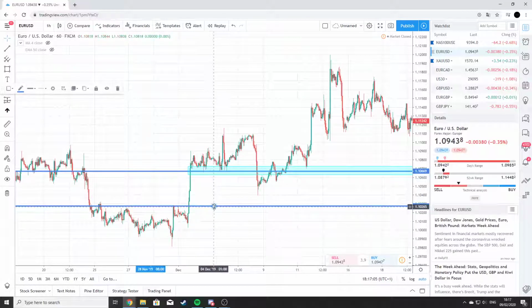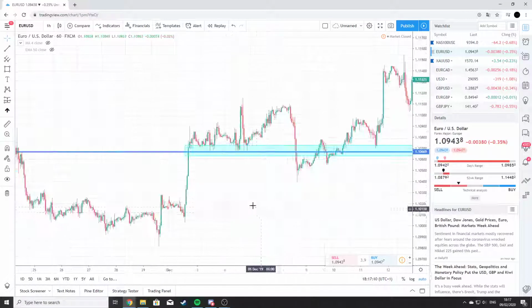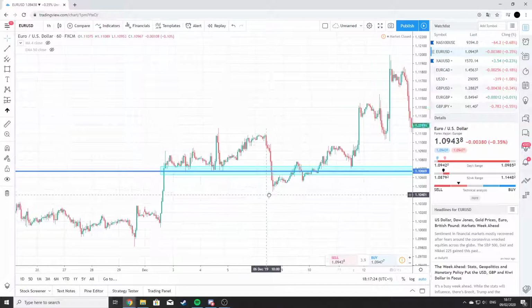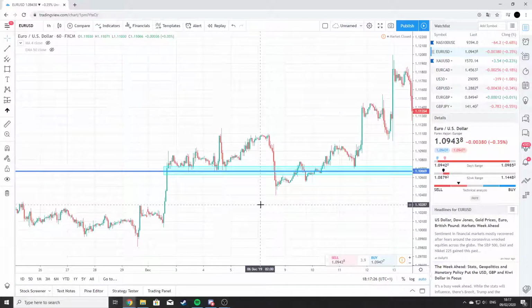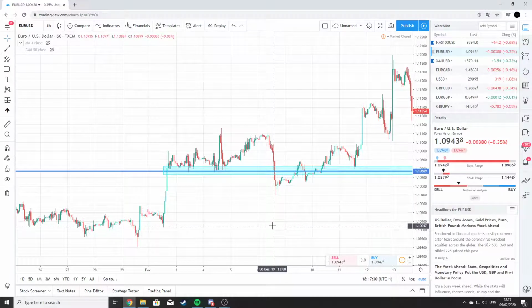At this support level, we had multiple touches, but the market didn't move through it because it didn't have enough volume. This has something to do with the banks, news, etc., but that's a little bit too much information for now.